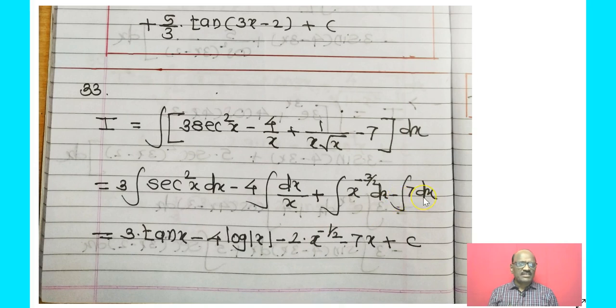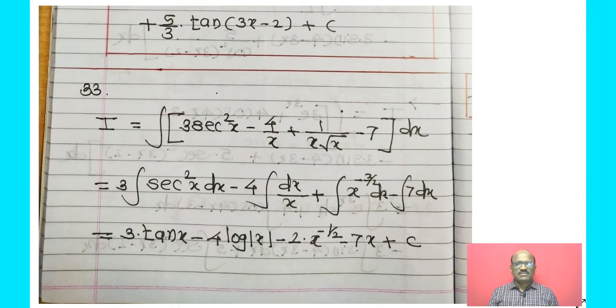Integral of 7 dx means what? It's a constant. The integral of 1 dx is x, and hence that is 3 tan x minus 4 log of mod of x minus 2 dot x raised to minus 1 upon 2 minus 7x plus c.